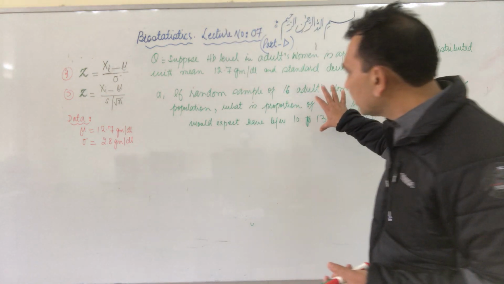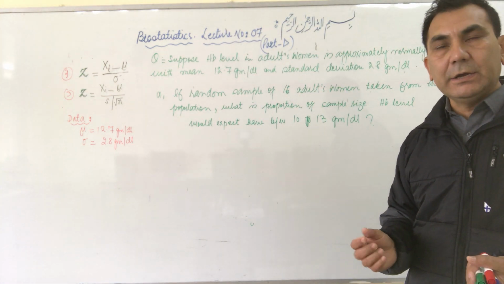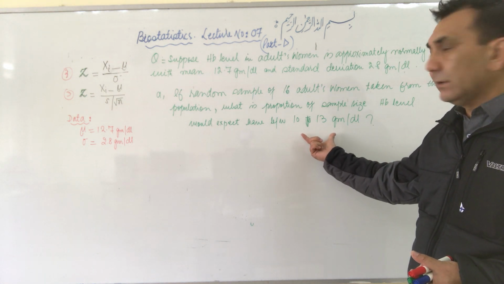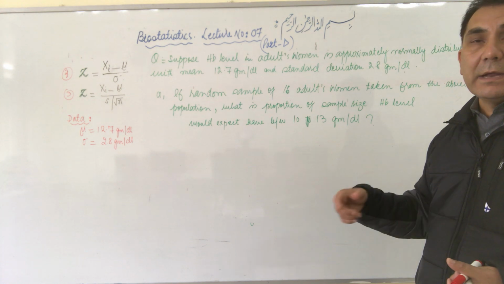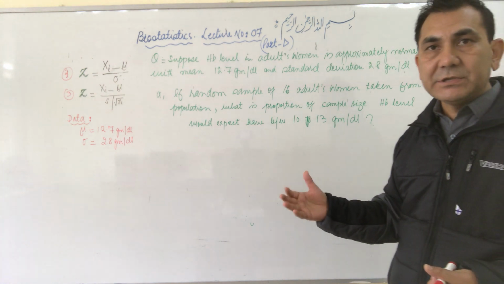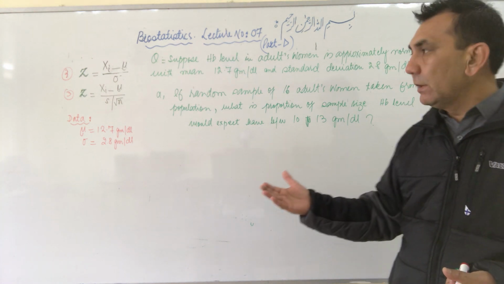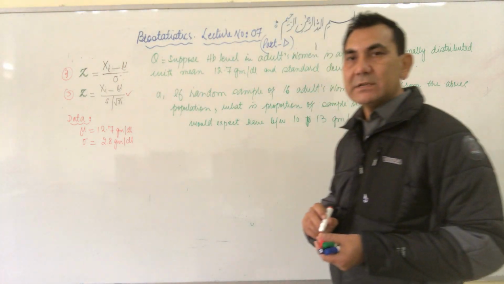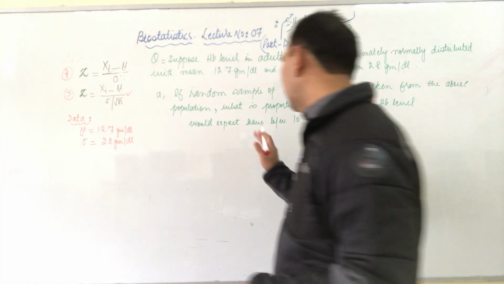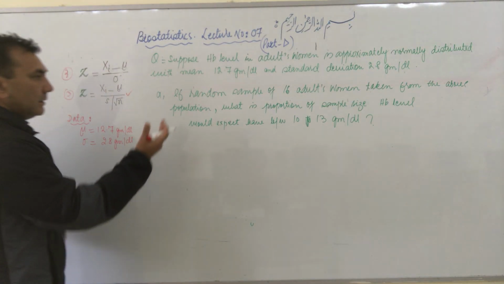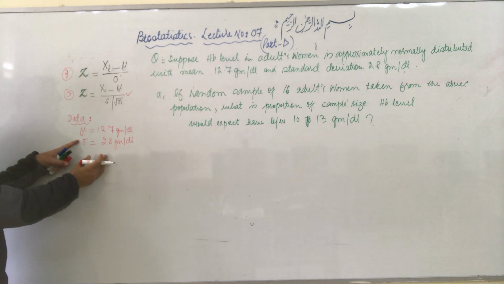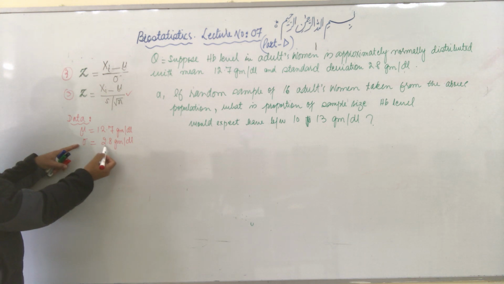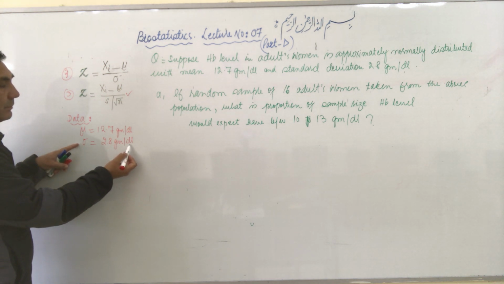Now we will solve the probability area under the normal curve. We will use the sample size formula. We draw the data. The data is the same. Mu is 12.7 gram per deciliter and sigma is 2.8 gram per deciliter.